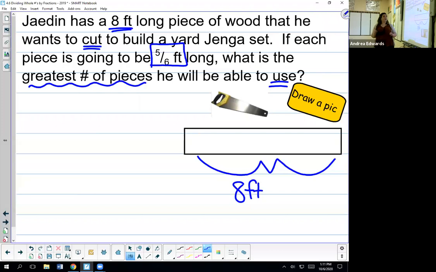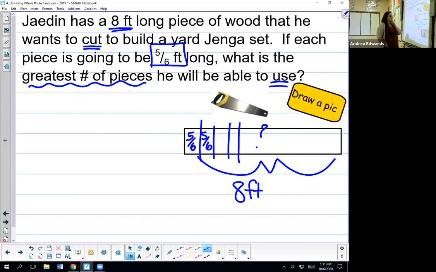So he's going to cut it up, and we don't know how many he's going to have, but each of these is going to be 5/6 of a foot, so a little bit less than a foot. So if you think about it, our answer is going to be larger than 8 because I'm not cutting the full foot out. So what's the first number?